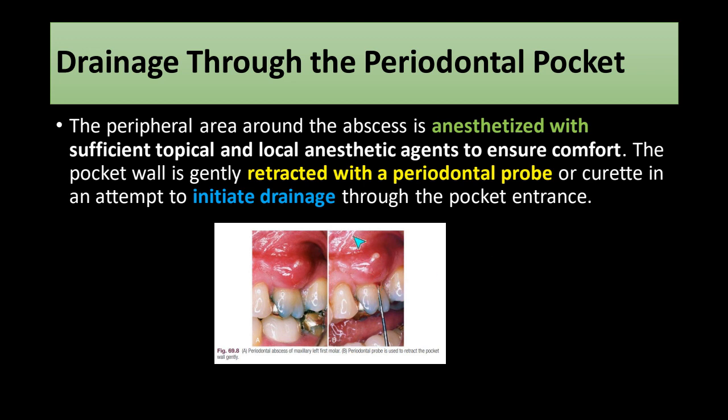You apply digital pressure here and then you allow the drainage of the abscess through this opening, through the gingival sulcus or the entrance of the periodontal pocket.